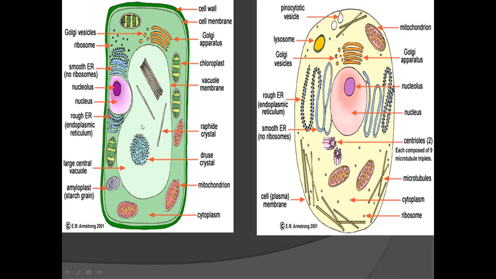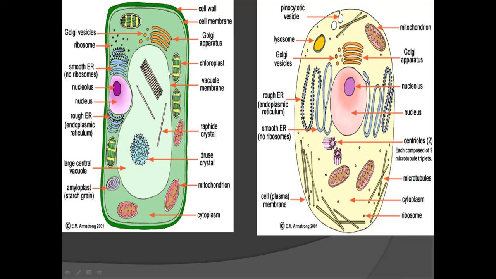Large vacuole is seen in plant cell, but here in animal cell there is no such large vacuole. If the vacuoles are present, they are very small. Then in plant cell, nucleus is pushed to one corner, but in animal cell, nucleus is prominent at the center. In plant cell there are no centrioles, but in animal cell there are centrioles.